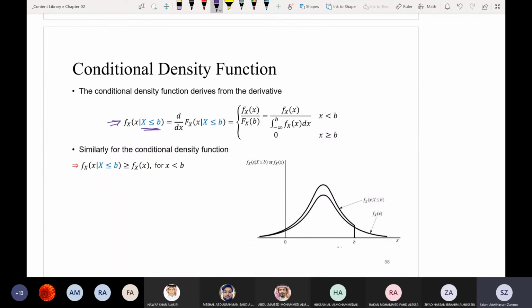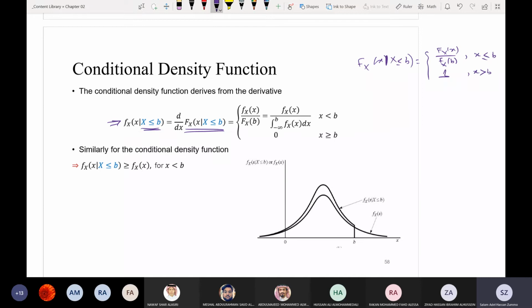In order to find this, I differentiate what I just already found above. لو تتذكروا ايش كانت ال fx of x given x less than or equal to b. كانت what is that? fx of x على fx of b. Yes. متى هذا? When x is smaller than b. And for x larger than b, كانت equal to 1, right?